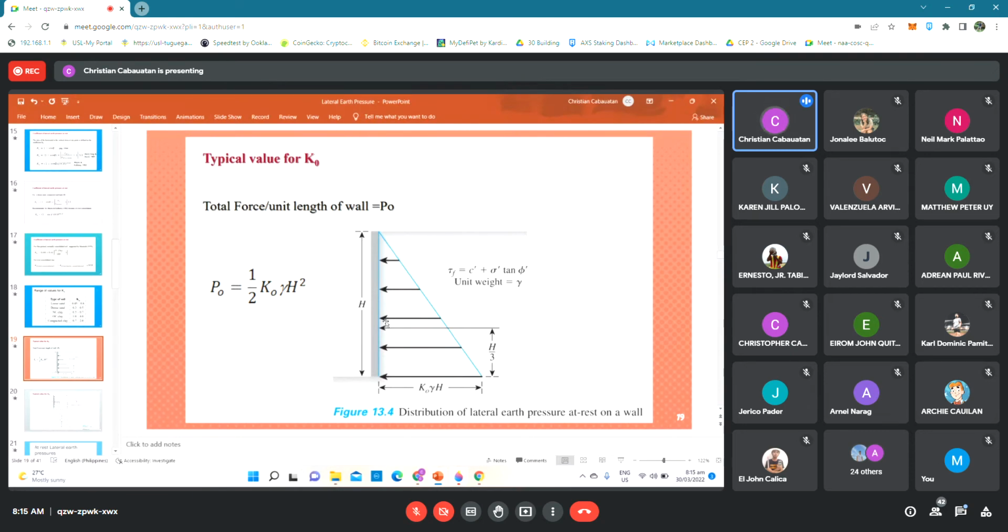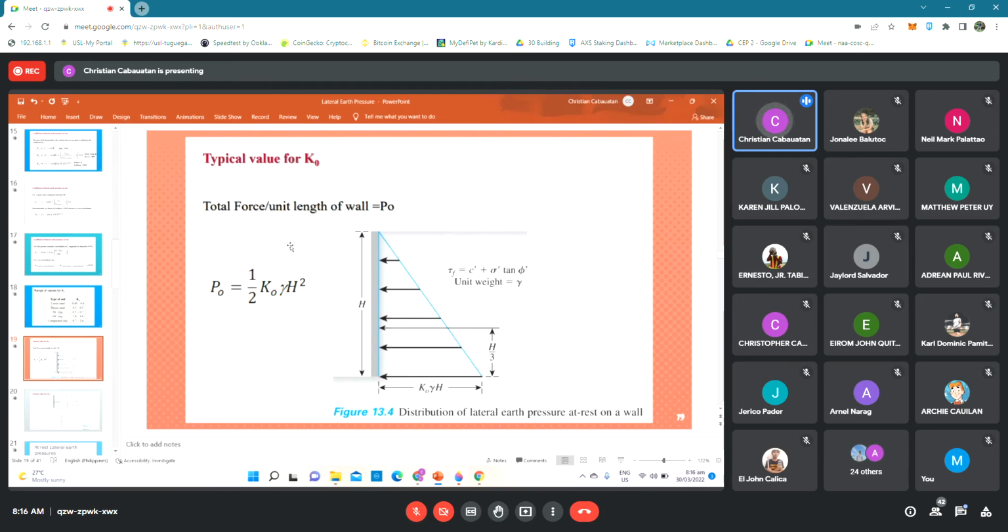And your base would be Ko gamma H. That is the formula when you are getting the area, using the pressure at the bottom part.